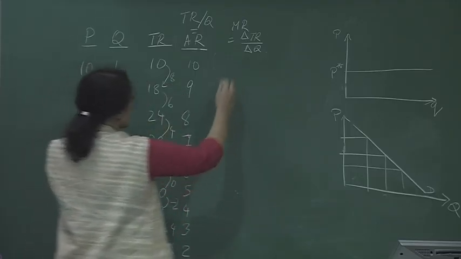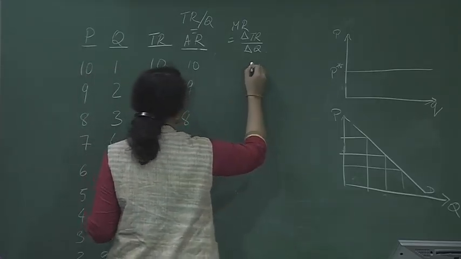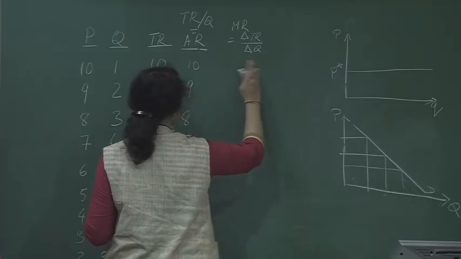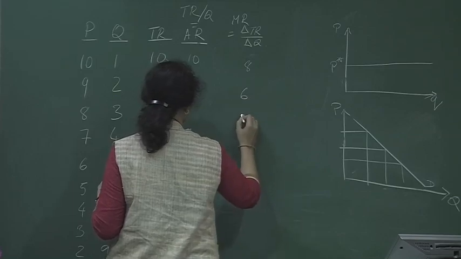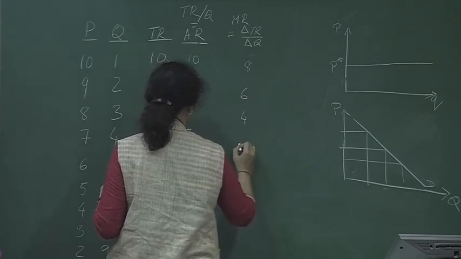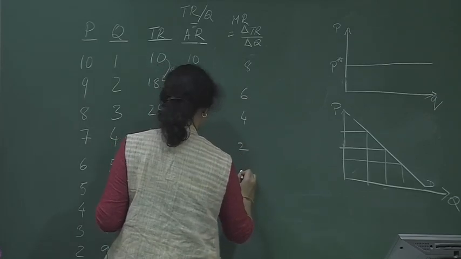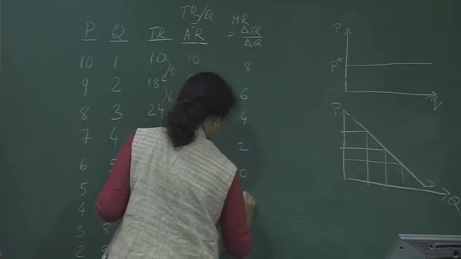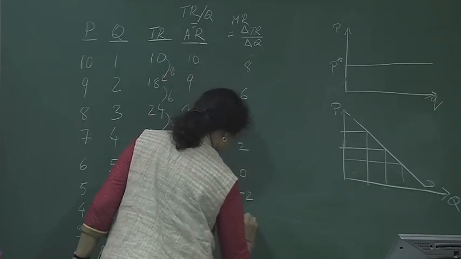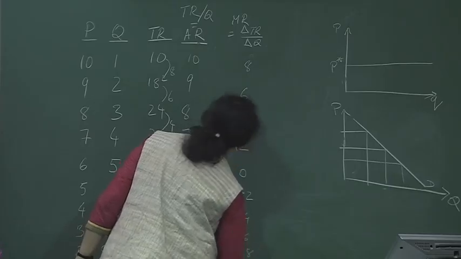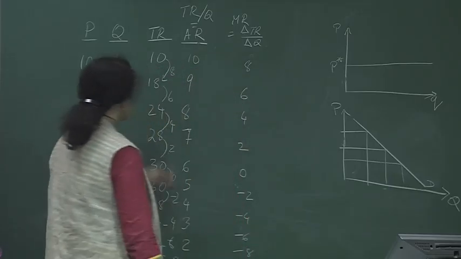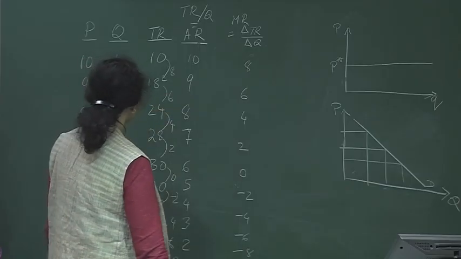So, marginal revenue is basically 8, let me write it here, 8, 6, 4, 2, 0, minus 2, minus 4, minus 6, minus 8. So, marginal revenue is this.